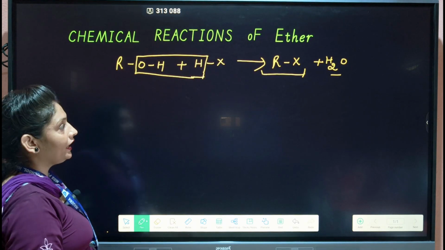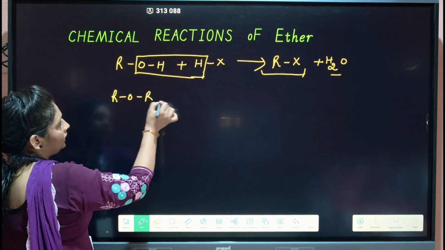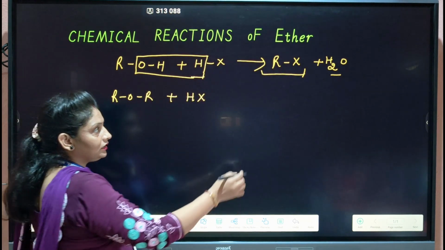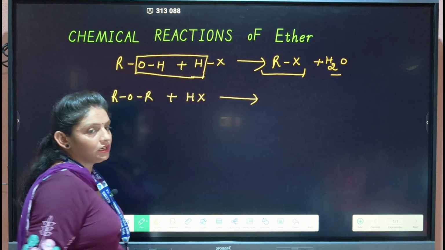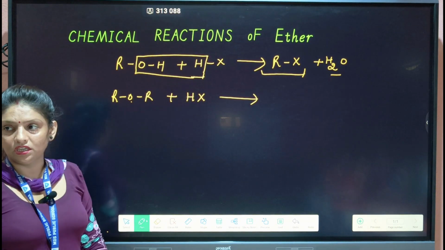But if we want to do the same reaction with ethers, the reaction cannot take place in simple conditions. Why is it? Due to the less reactivity of the ether.